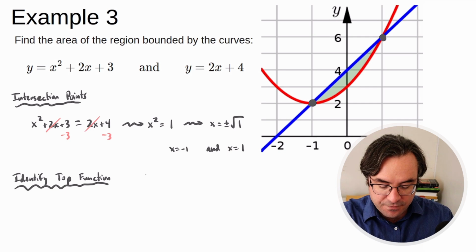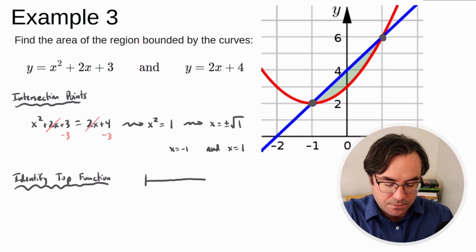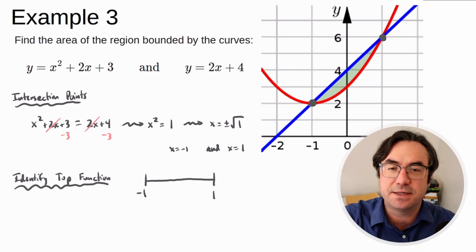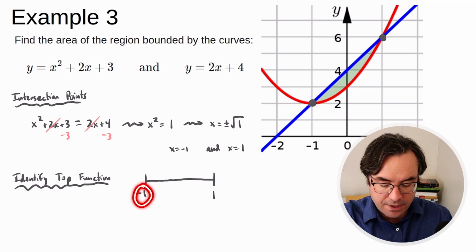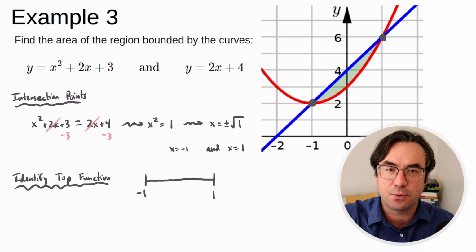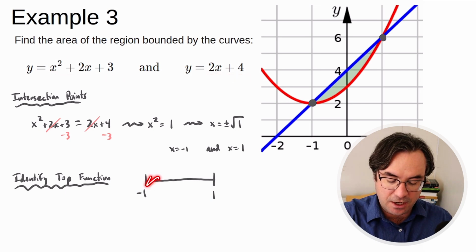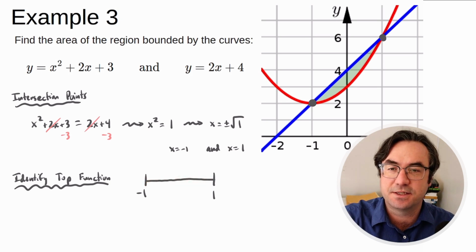Well, you can think of it as we're looking at this section of the x-axis going from -1 to +1. So we're going from one intersection point to the other. And we want to identify which of these formulas is giving us larger values inside this interval.